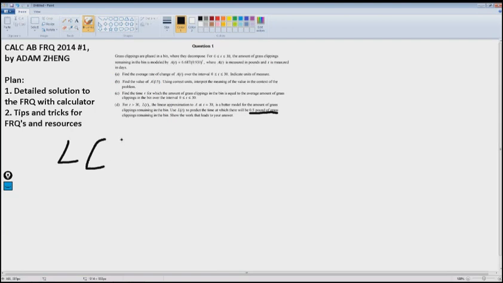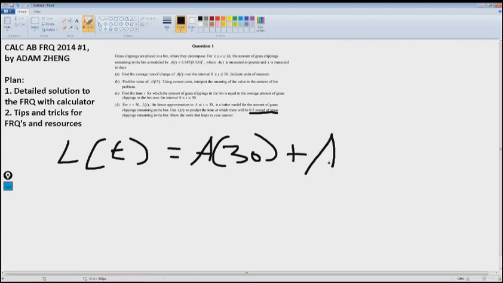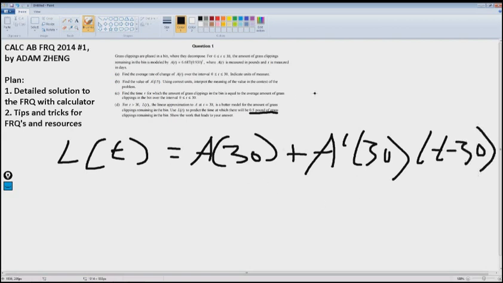So L of t, well, the formula for linear approximation is just going to be A of 30, because it tells us to use 30, and then plus A prime of 30 times t minus 30. And basically this will give you the slope at t equals 30 and A of 30, and then it just creates a line for approximating values close to 30.